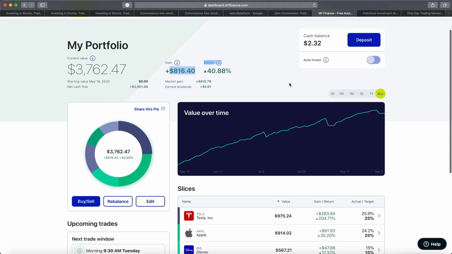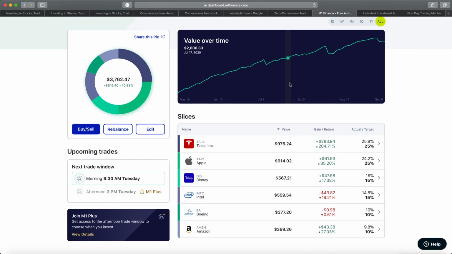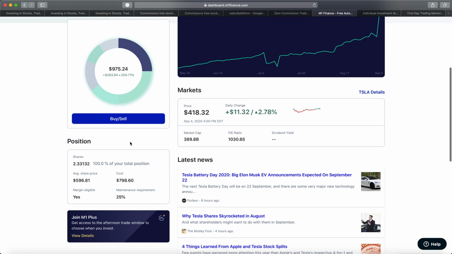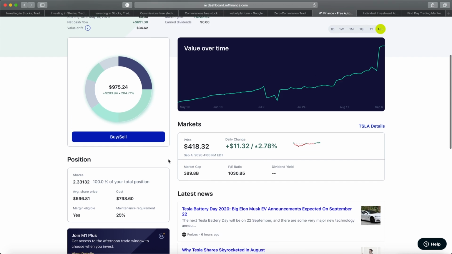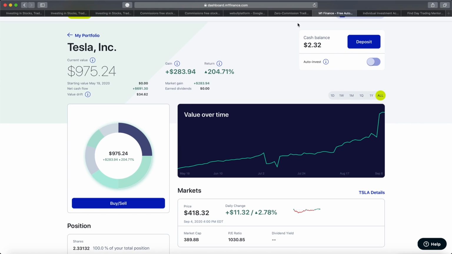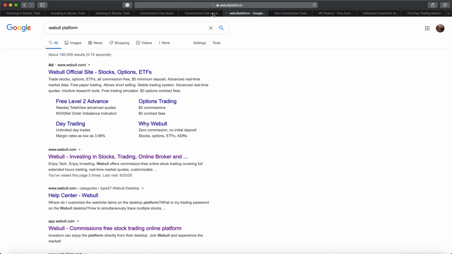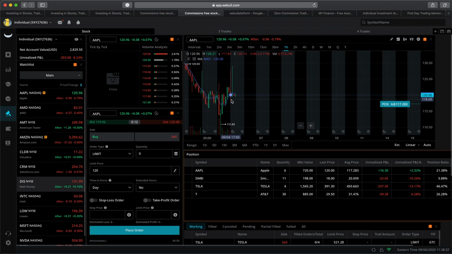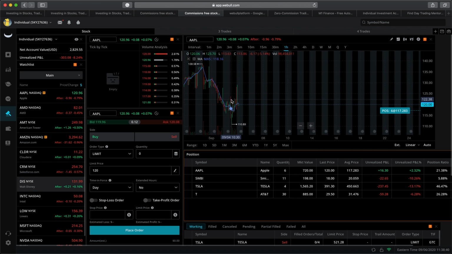You can go to M1 Finance, create your pie, and then you're not worried about buying and selling at certain prices or waiting till you have $400, $500 to buy one share of Tesla. You can start buying fractional shares. I'm at basically 2.25 shares of Tesla. If you wanted to be more hands-on and actually start buying these stocks yourselves, you can go to the Webull platform itself. Start investing in some of these companies that you see value in.